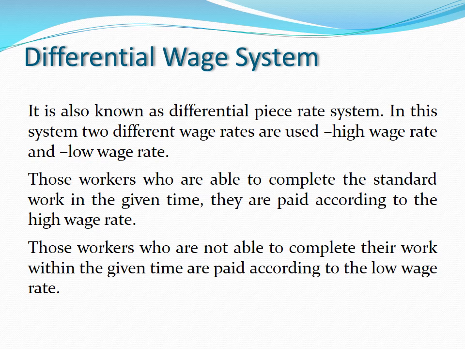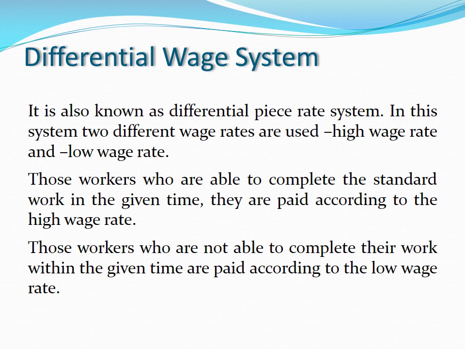So any worker who is producing either 10 or more than 10, let's say 11, would get paid according to $20 per hour. In this case, 20 multiplied by 11, it's going to be $220, which will be paid to the worker per hour. But in case somebody who is producing, let's say, not 10 units and 9 units, will get $162 per hour, because the worker will be paid according to $18.